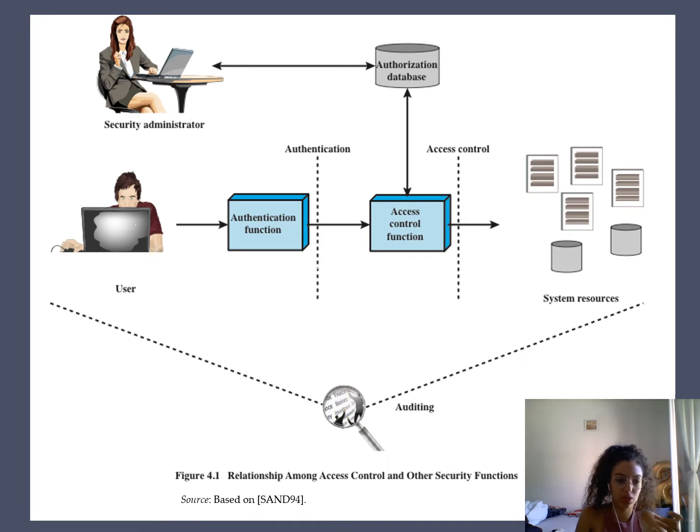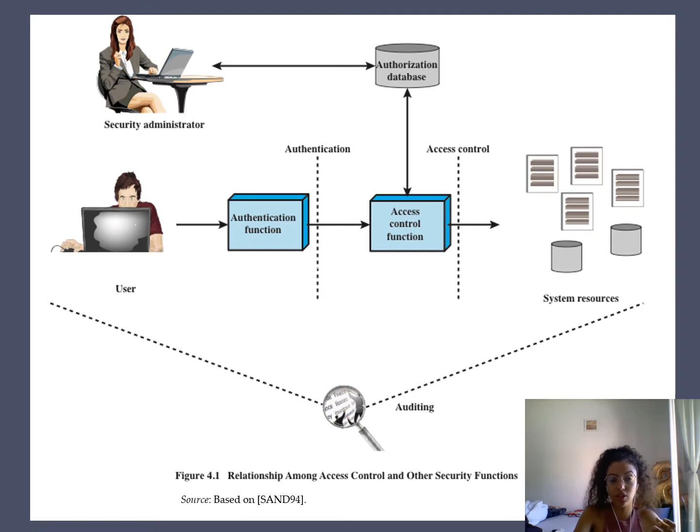And a security administrator maintains an authorization database that specifies what type of access to which resources is allowed for this user. So the access control function consults this database to determine whether to grant access or not.